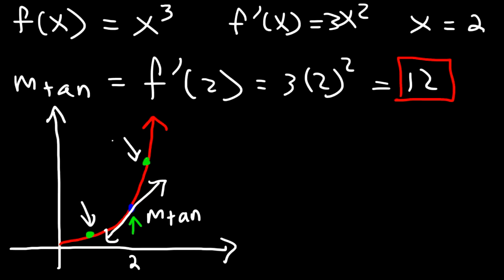So we could use 1 and 3 for an example. We can use 1.9 and 2.1, or we could use 1.99 and 2.01. In each of those cases, 2 is the midpoint. But we're going to see what happens to the slope of the secant line as the 2 points get closer and closer to the slope of the tangent line.